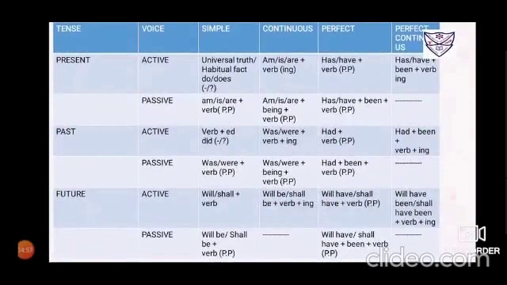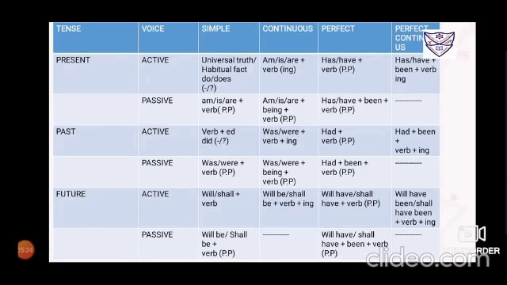Let us go through this active and passive voice table. The table that you're seeing on your screen has the 12 different tenses. We'll go first with the horizontal bars. When you look at the horizontal bar, the first column is of tense, the next is of voice, and next are the 4 different forms of the tense: simple, continuous, perfect, and perfect continuous.